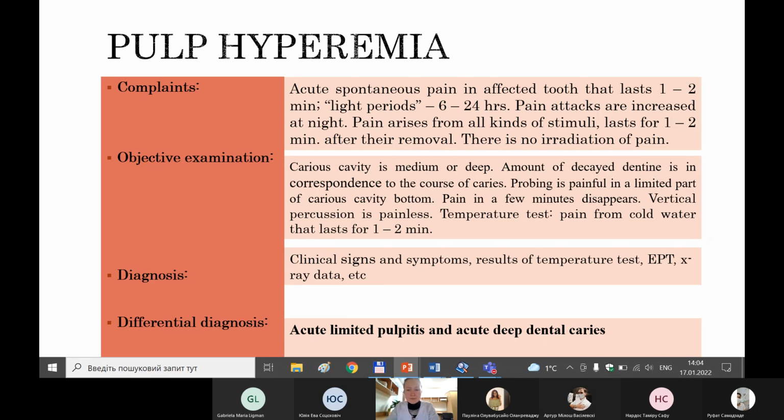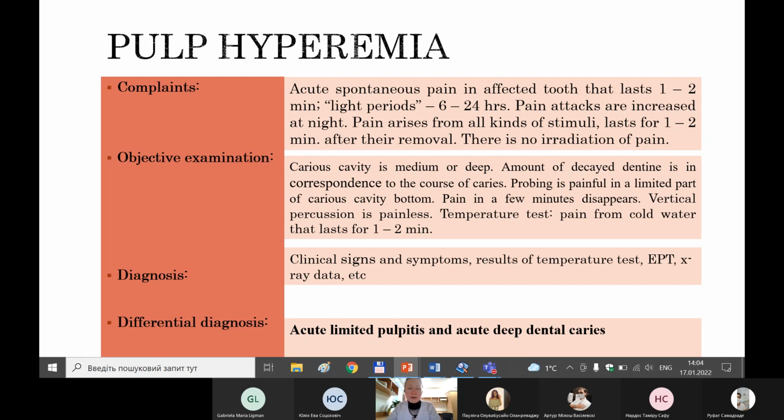Diagnosis for all pulp diseases can be made from the clinical signs and symptoms of a certain disease, and the results of extra methods of examination such as the temperature test and electric pulp test. X-ray data is actually of doubtful value, but we can use it to check the proximity to the pulp tissue if it is a deep caries cavity and the dentist is not sure about the reason for the pain.